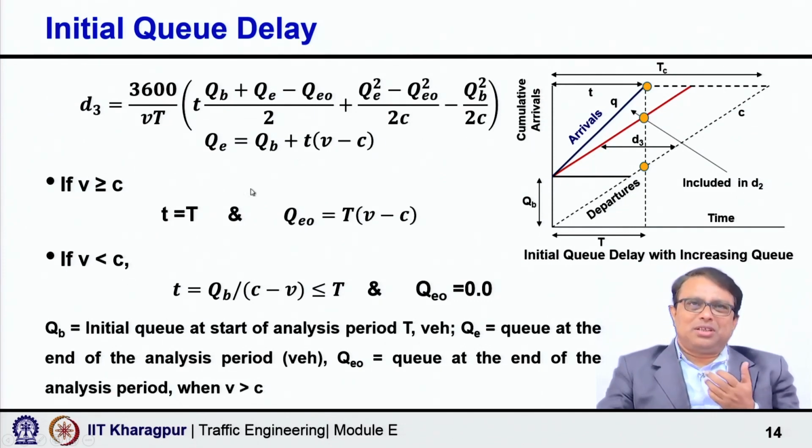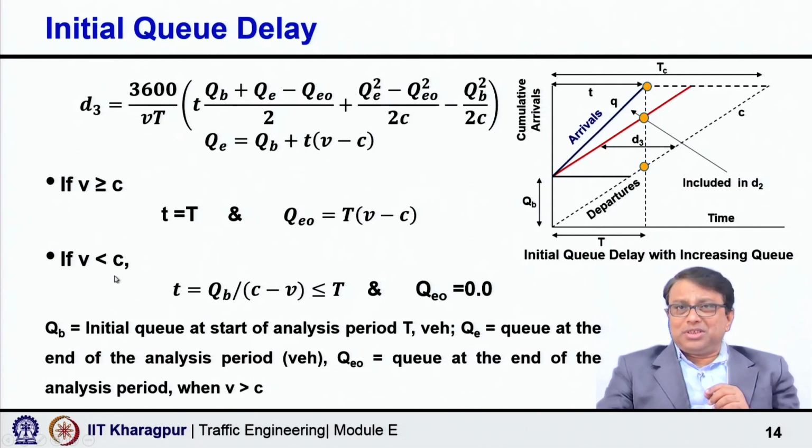You can use this formula to get the value of D3, and in this case QE, I have mentioned earlier, is QB plus T into V minus C. I have explained that if V is less than C, then t can be calculated like this, and if small t is less than capital T, then you use this small t in this equation, Q equal to QB plus t into V minus C. If this t becomes more than capital T, then you assume the small t equal to capital T, then put it there. So, what will happen in that case?